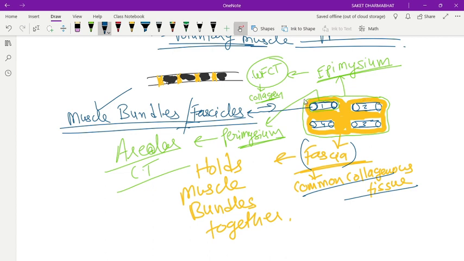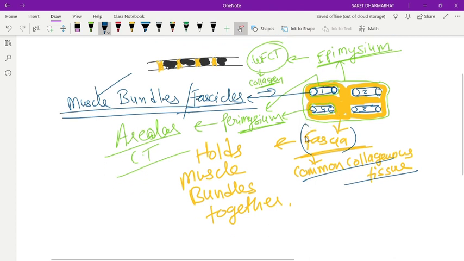So the covering of skeletal muscle is called epimysium. Now the covering of a muscle bundle is called perimysium. Perimysium is made up of areolar connective tissue. Now the function of fascia is that it holds the muscle bundles together.